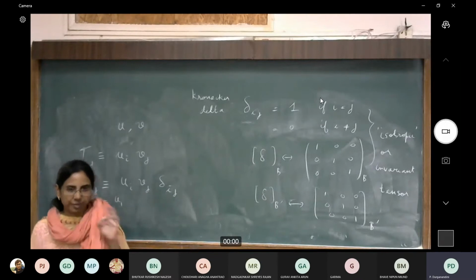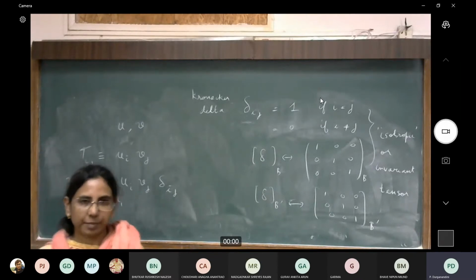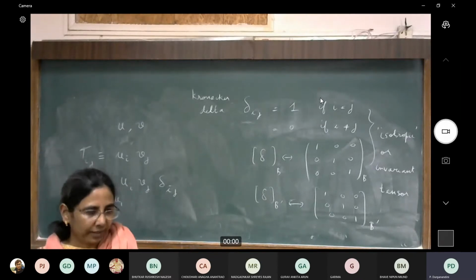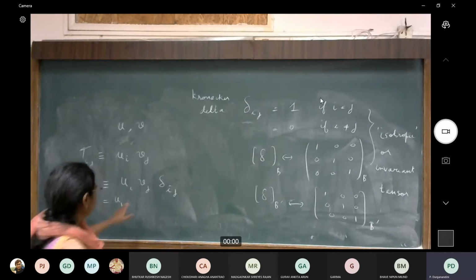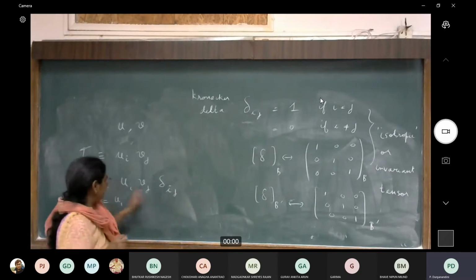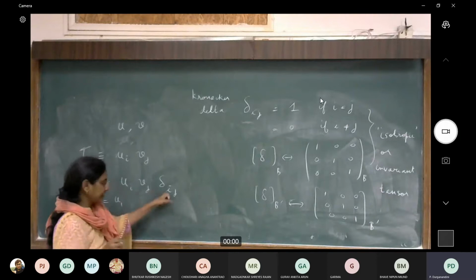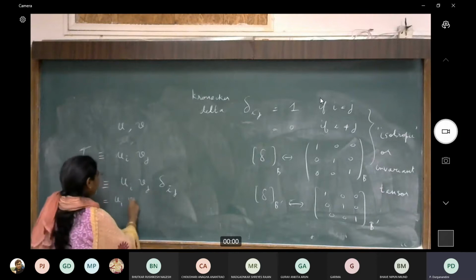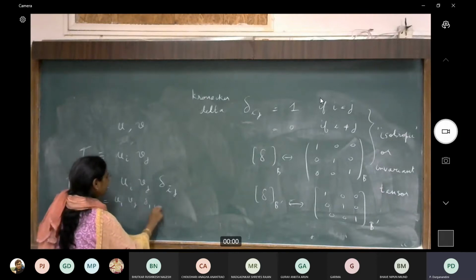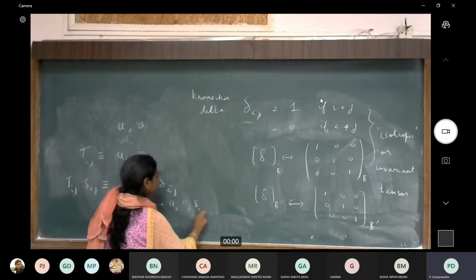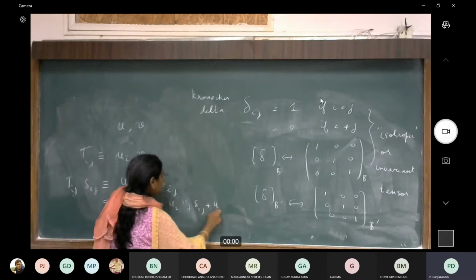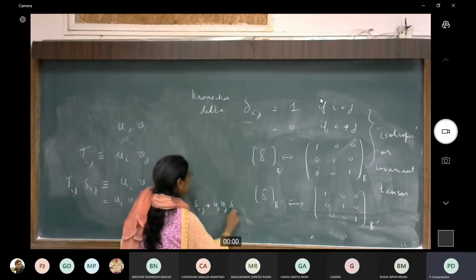Whenever two indices are being summed over, keep one of them, don't do anything to the j, just expand in terms of the i index first. So you write it as u1 vj delta 1j plus u2 vj delta 2j plus u3 vj delta 3j.